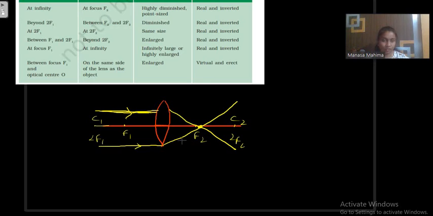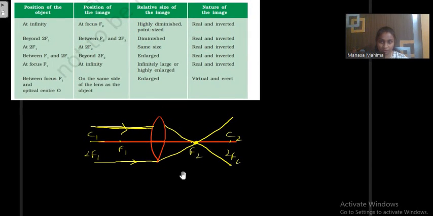So the image is formed at the focus F2, correct? And what will be the size of the image? It will be a highly diminished, point-sized image if we take the position of the object at infinity.